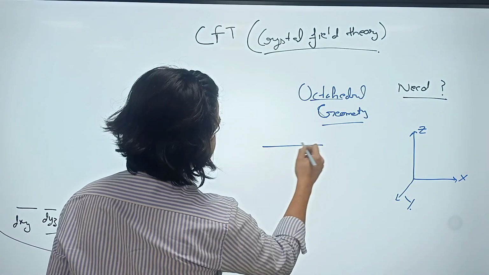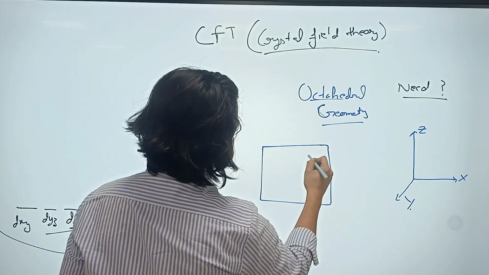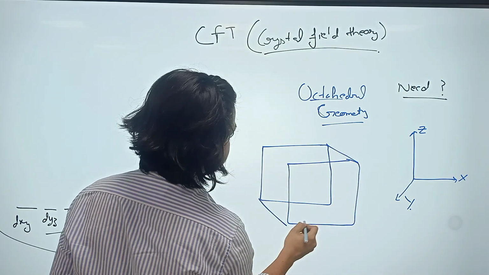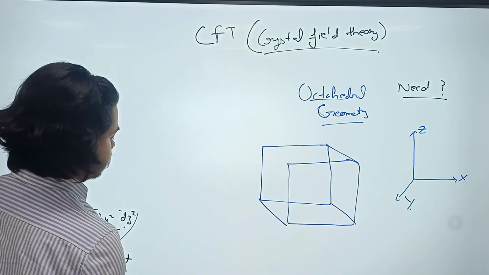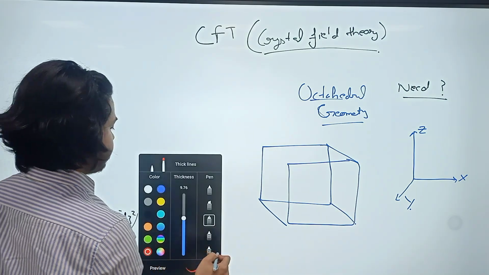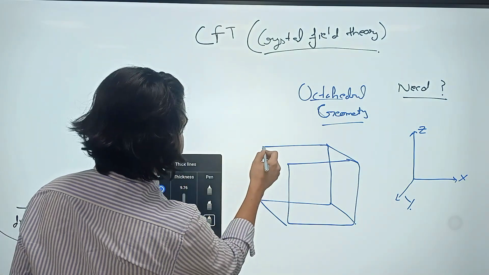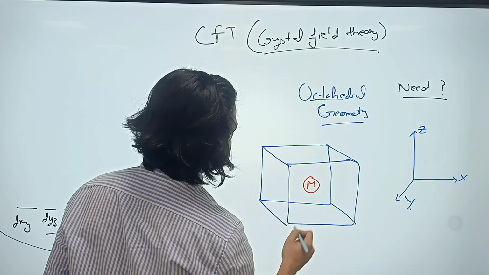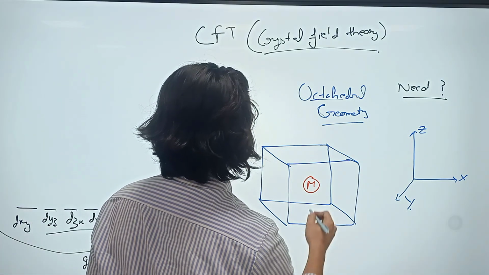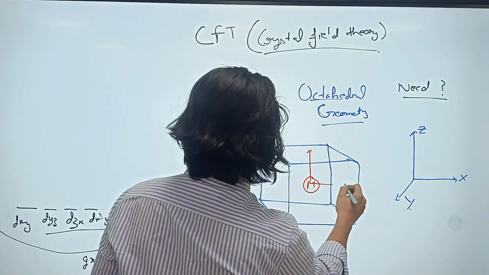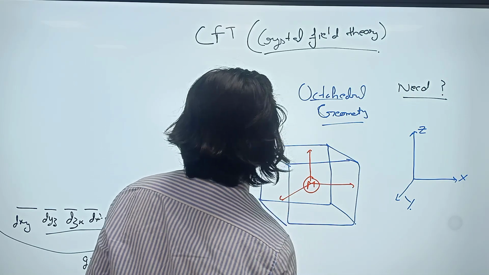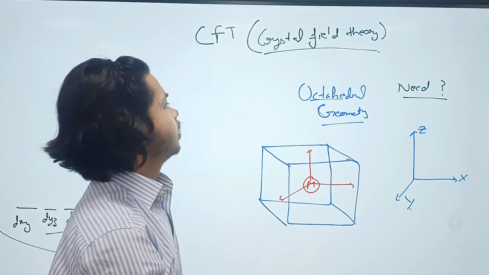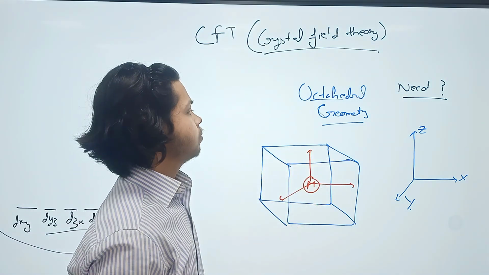Let us suppose this is our cube, and the metal ion is present at the center of this cube. In octahedral geometry, we know that ligands approach along the axis.